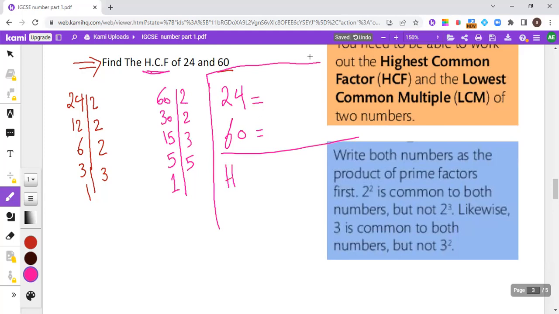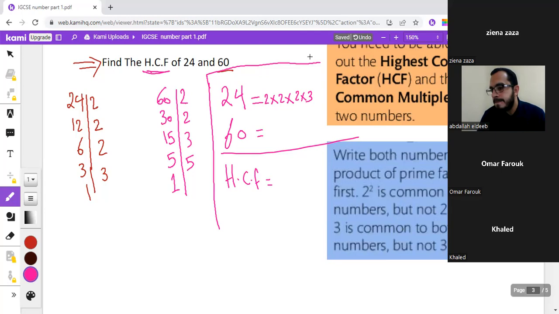And HCF here. 24 is 2 multiply 2 multiply 2 multiply 3. Is it 30? Let's see.